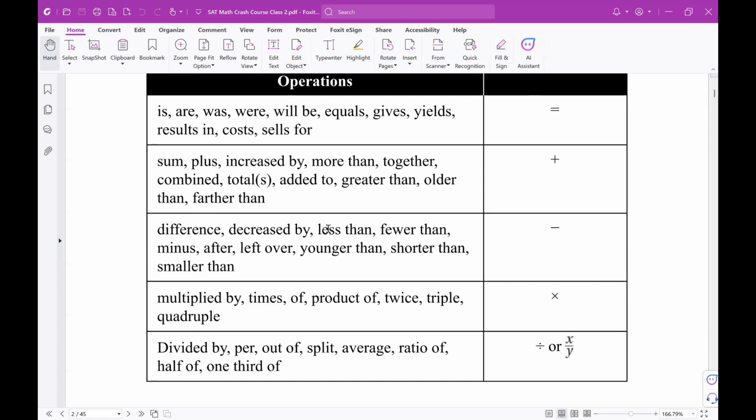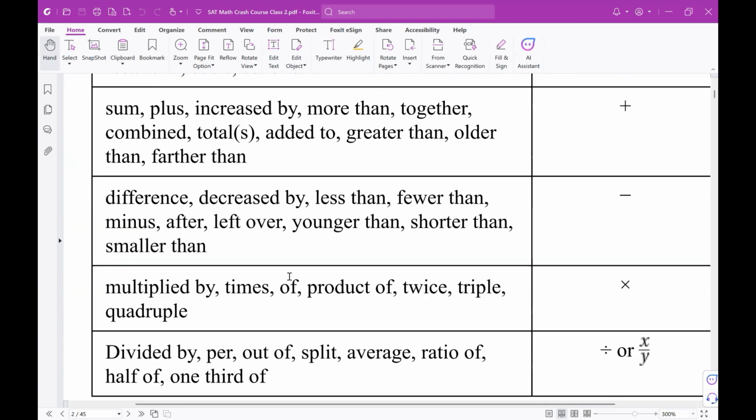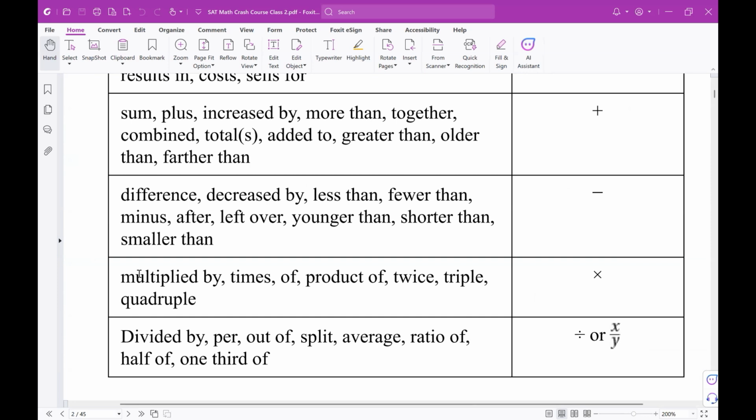Difference, decreased by, less than, fewer than, minus, after, leftover, younger than, shorter than, smaller than. In these cases we will do the subtraction operation. Then multiplied by, times, of, product. Of and product of are very useful words in mathematics when we are trying to do multiplication.